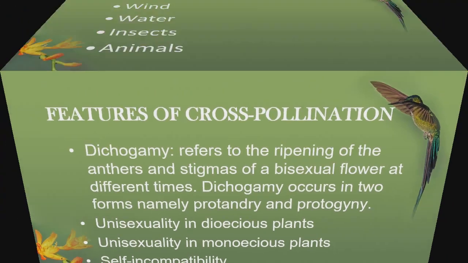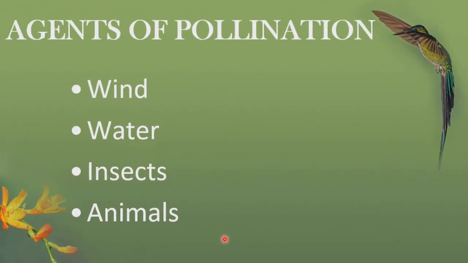Now let's look at the agents of pollination. Pollination in flowers is dependent on external pollinating agents or pollinators, and these pollinating agents are wind, water, insects, and animals. A flower that depends on the wind, we say that flower is anemophilous.